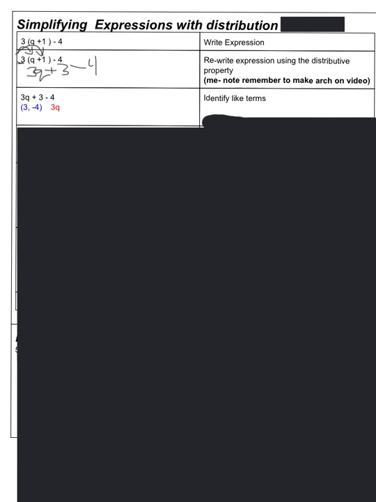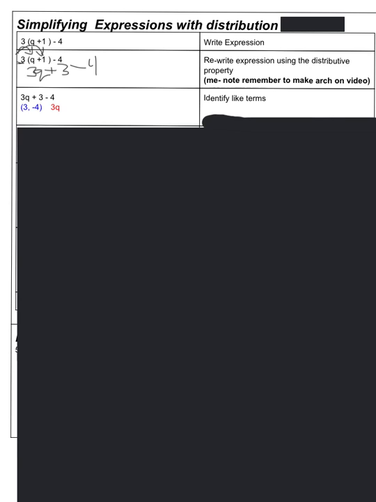So the next thing we need to do is identify our like terms. 3 and minus 4 are like terms because they are both numbers without variables. And then all we're left with is 3q, and 3q does not have any like terms.